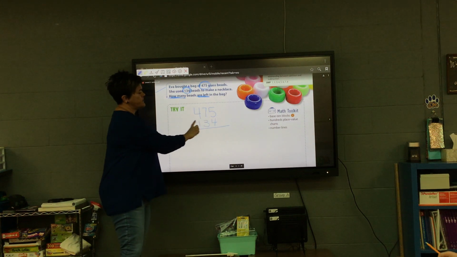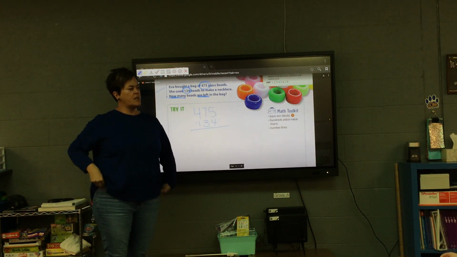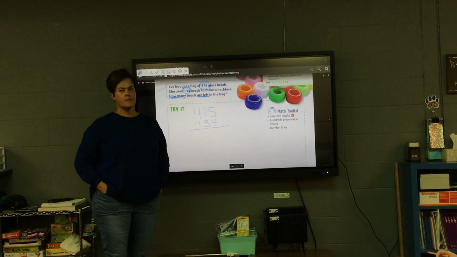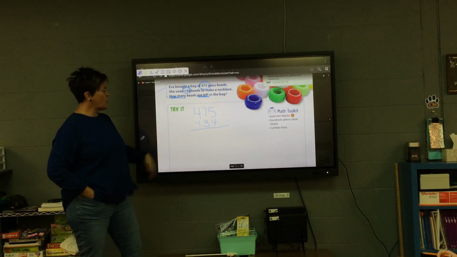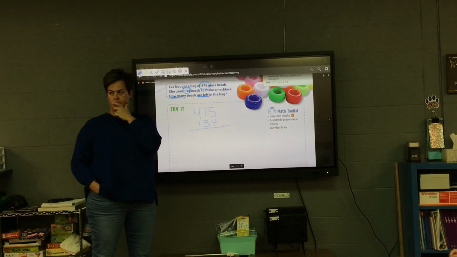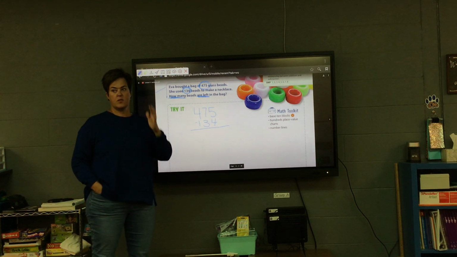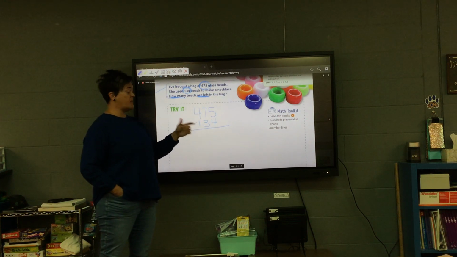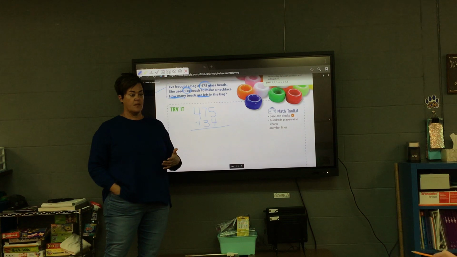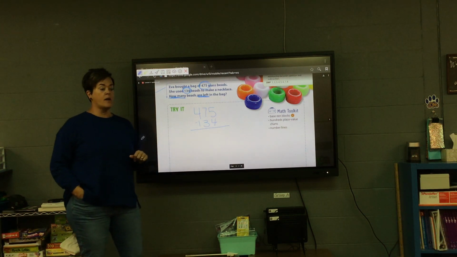Looking at this problem, would any of this need to be regrouped? Are all of the larger numbers on top? Is 5 bigger than 4? Yes. So that's okay. Is 7 bigger than 3? Yes. Is 4 bigger than 1?